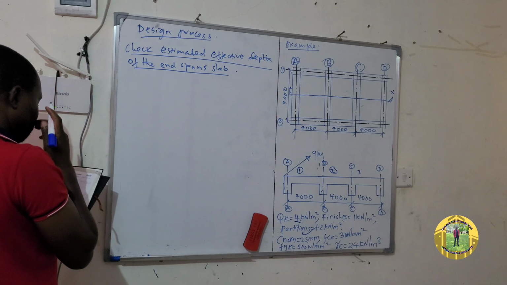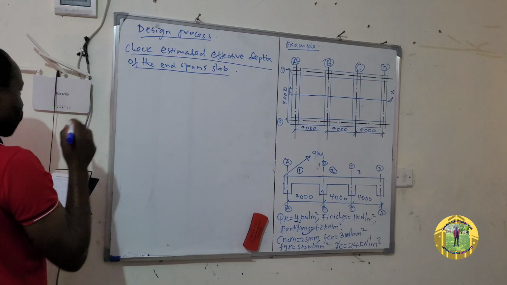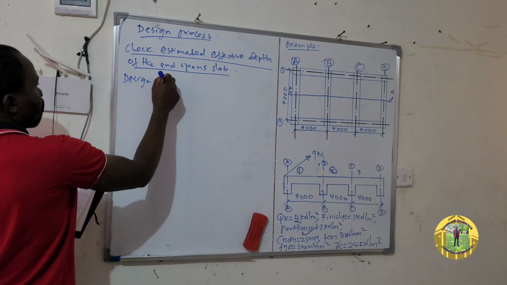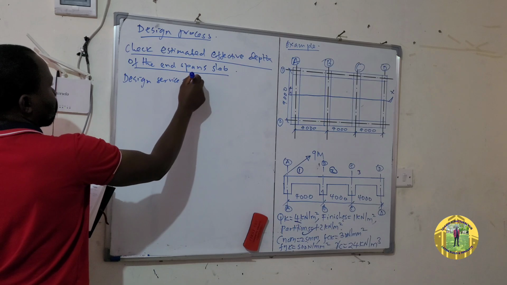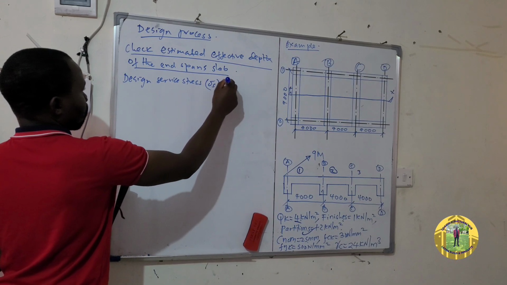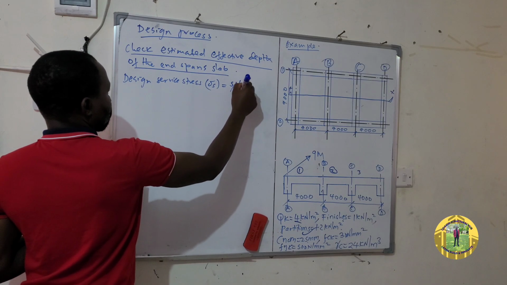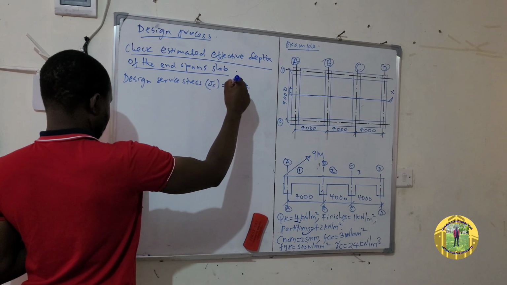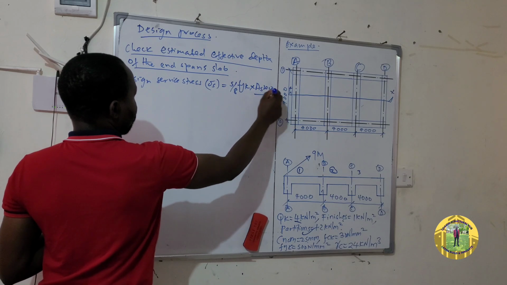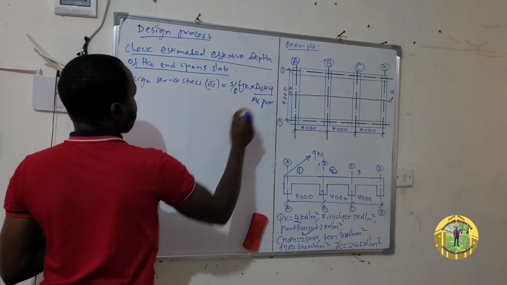So for this one, we'll start by calculating the design service stress, which is given by 5/8 FYK times area of steel required over area of steel provided.